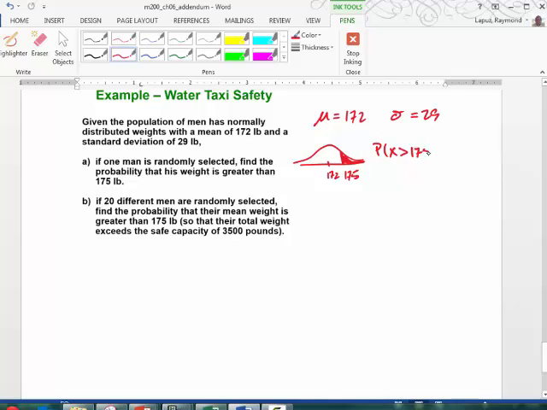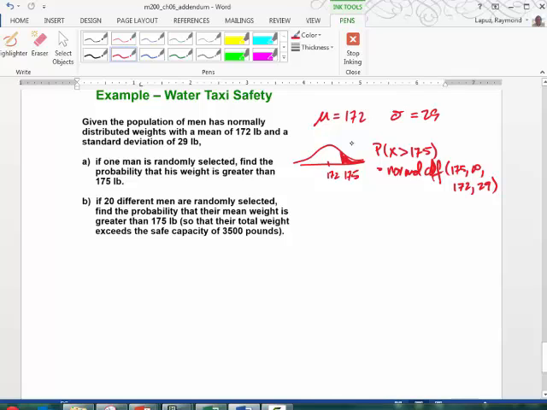than 175 pounds, and this will take in a normal CDF. So the low is 175, the high is infinity, the mean is 172, and the standard deviation is 29. So those are the four things that we would be looking for.